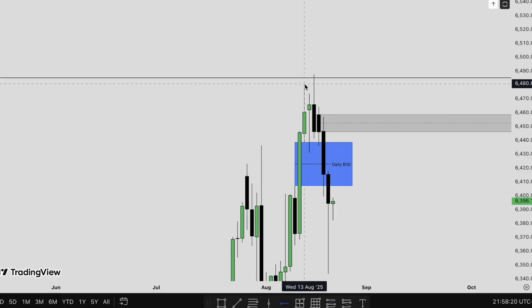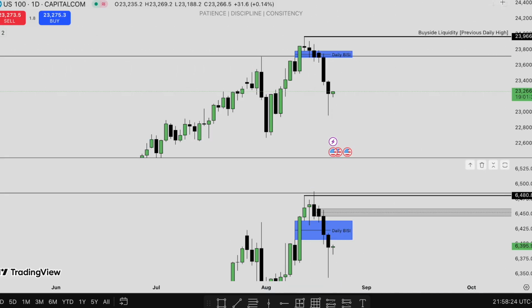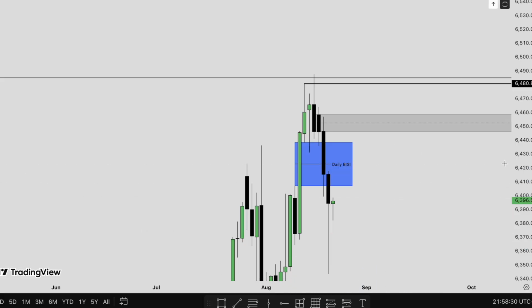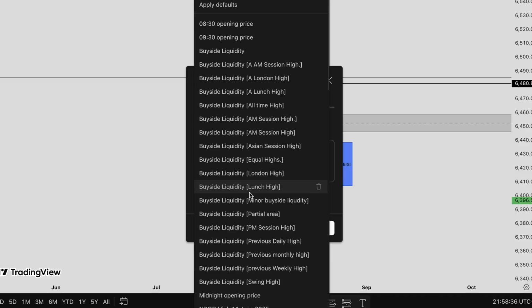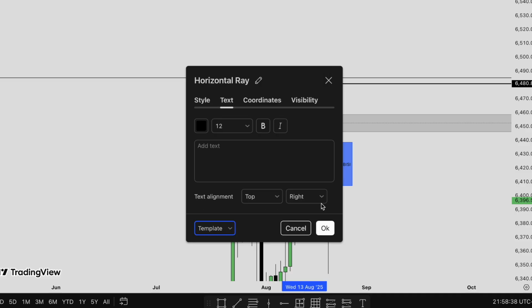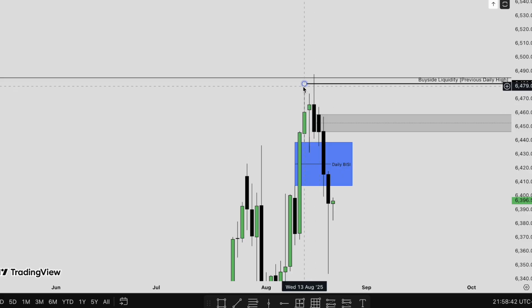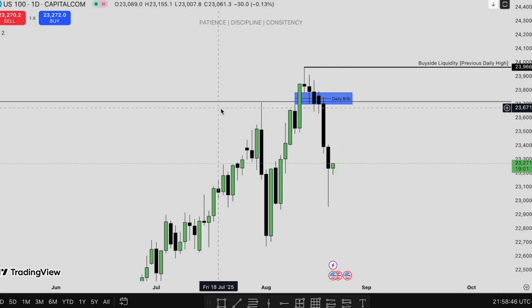But obviously in hindsight right now, you can see that we have an SMT at the highs, right? We have an SMT right there, and price just began shorting. Okay, let me just mark that as a previous daily high. So this was my previous daily high.